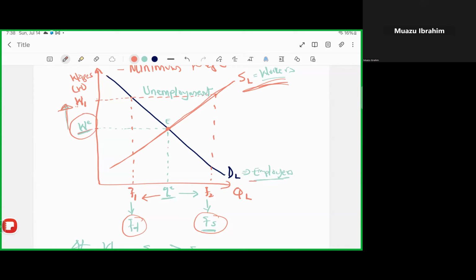You realize that at equilibrium, this was the supply of labor.